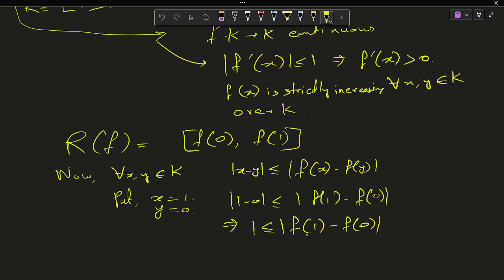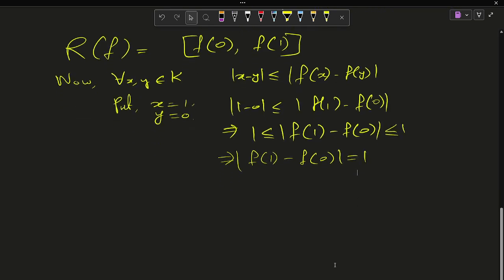Okay, so as we got this, the distance of this and the distance of this is less than it, so we can easily see that it will also be less than or equal to 1 minus 0, so it will be less than or equal to 1. So mod of f1 minus f0 will be equal to 1.